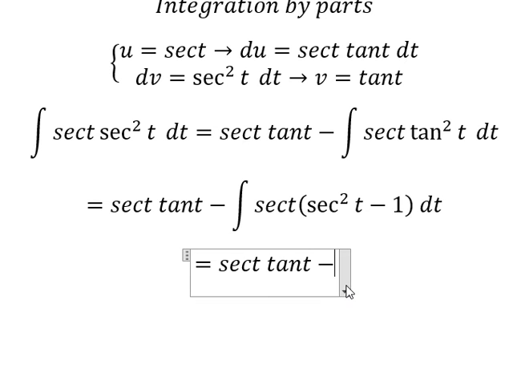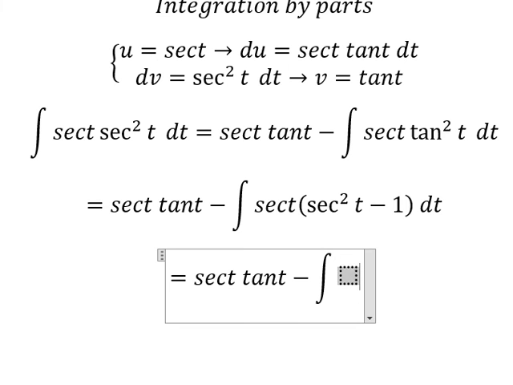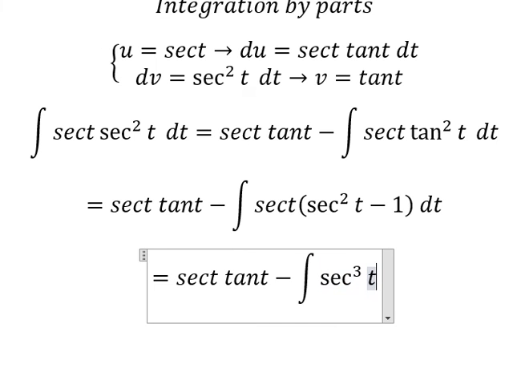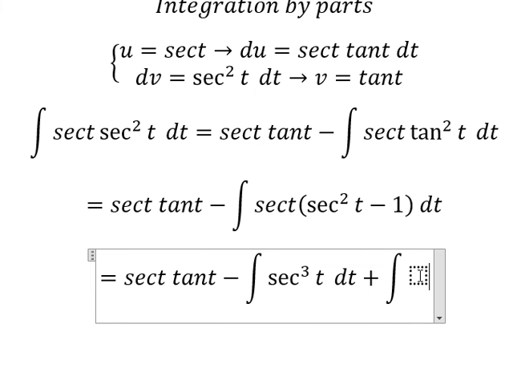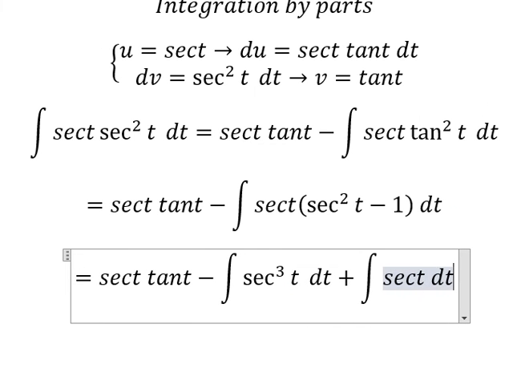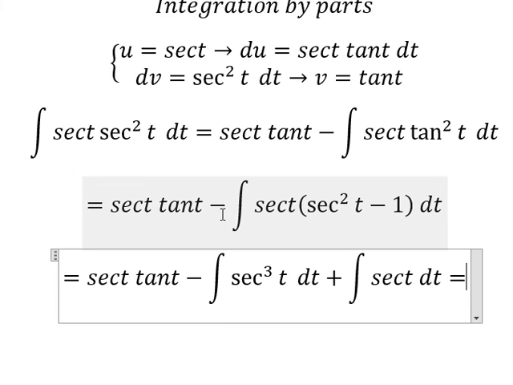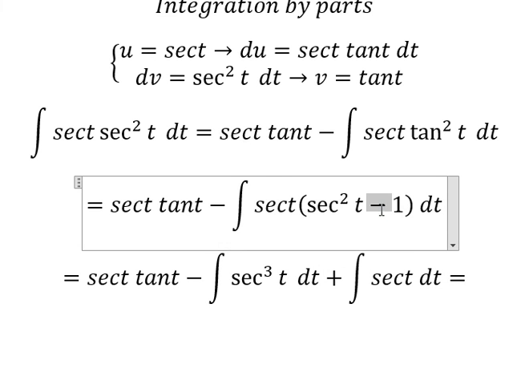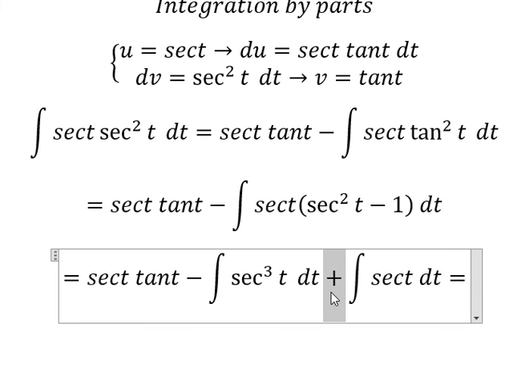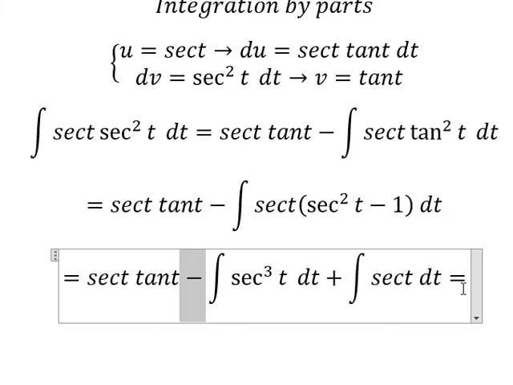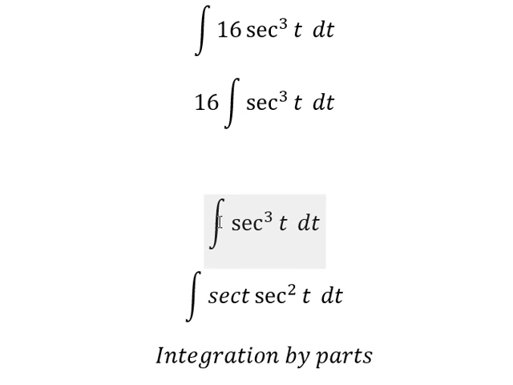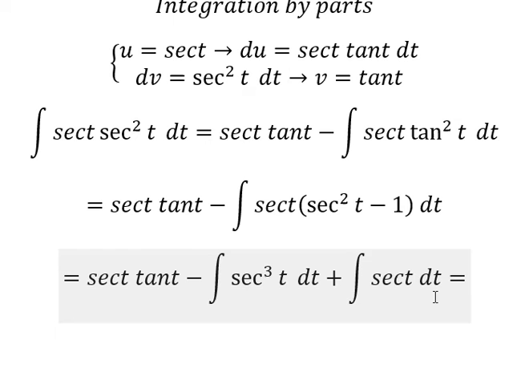So you have the integration of secant of t to the power of 3 dt plus the integration of secant of t dt. Because we have negative with negative, you get positive. And we know that everything here equals to this integration.